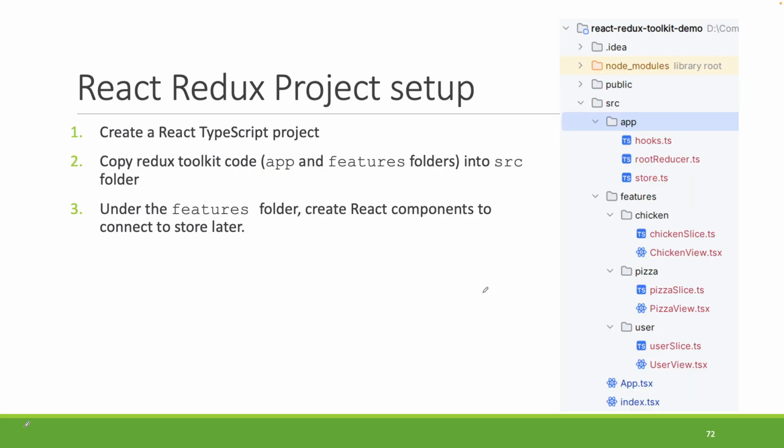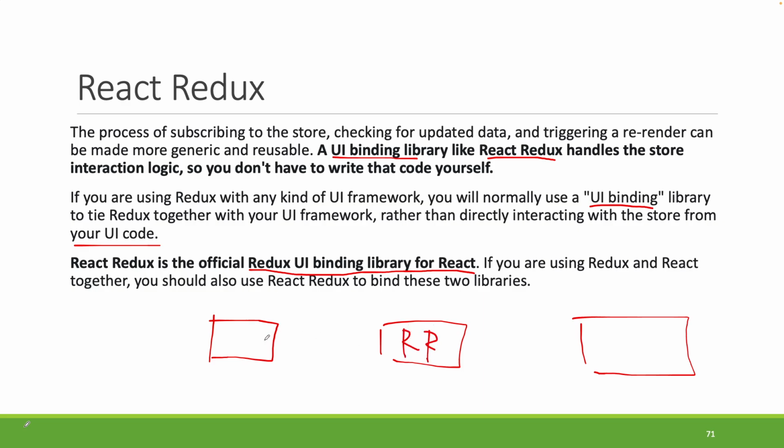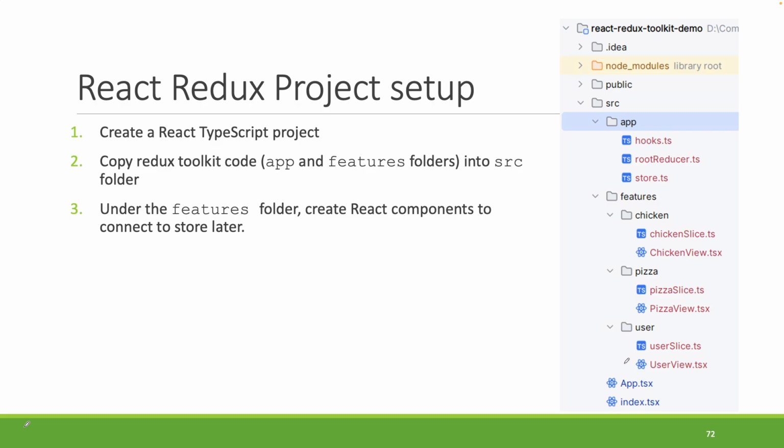So here, I think we had slides before, where here is our React, and here is our Redux or Redux Toolkit, and between them is React Redux, which binds our React with Redux Toolkit. So it's a binding library that connects them together, okay?